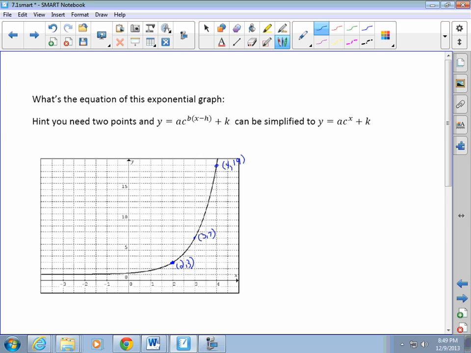So if you take a look at these, from that first point that we found there, it started at 3. The next one, and I'm just looking at the y values, went from 3, then it went to 7. And then from 7, it went to 19. So this was a difference of 4. That was a difference of 12.